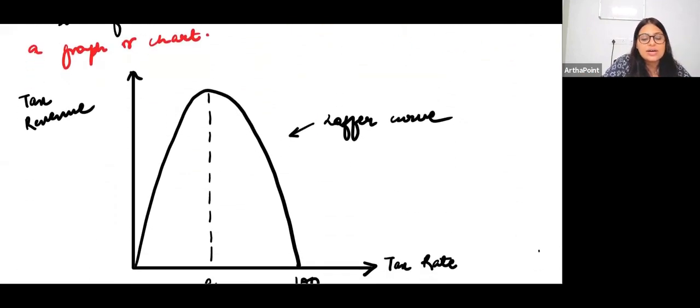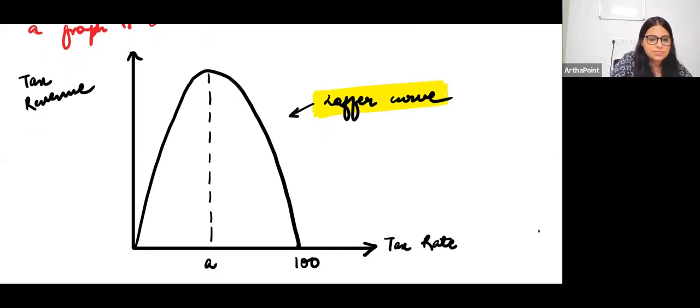This is a diagram that I picked up from macroeconomics, and this is a diagram for the Laffer curve. Laffer was an economist who came up with this curve, which said that as the government keeps on increasing the tax rate, the tax revenue will also increase. So tax revenue is tax rate into income.